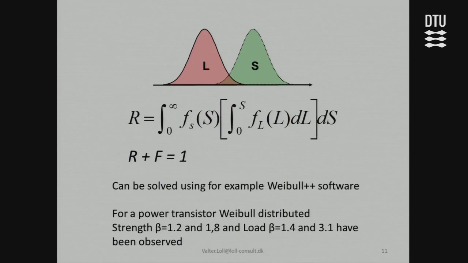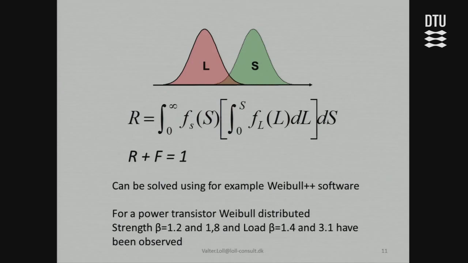That's close to log normal distribution. And the load had a beta of 1.4 up to 3.1, where 1.4 is more or less log normal, and 3.1 is close to being normal distributed. So you can solve the general case using the design software of Weibull++.